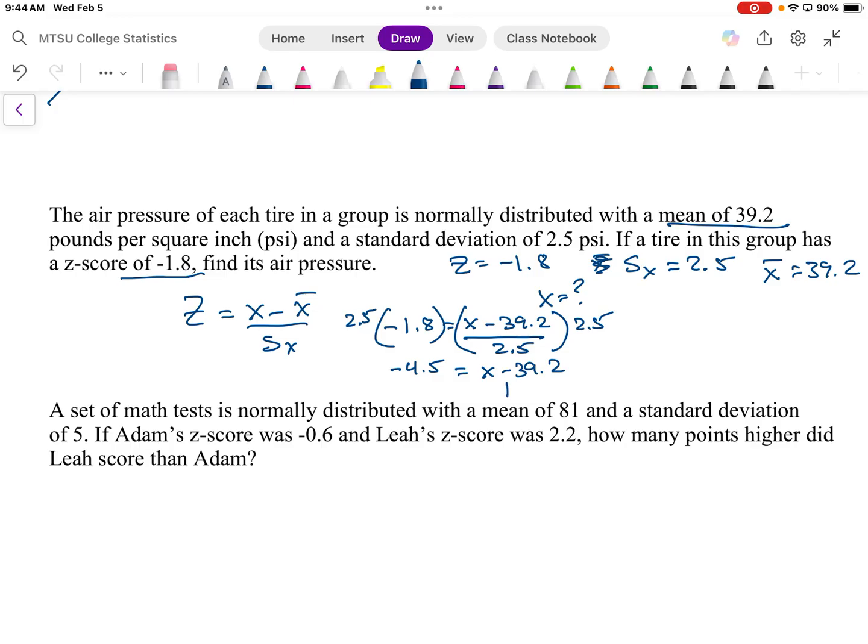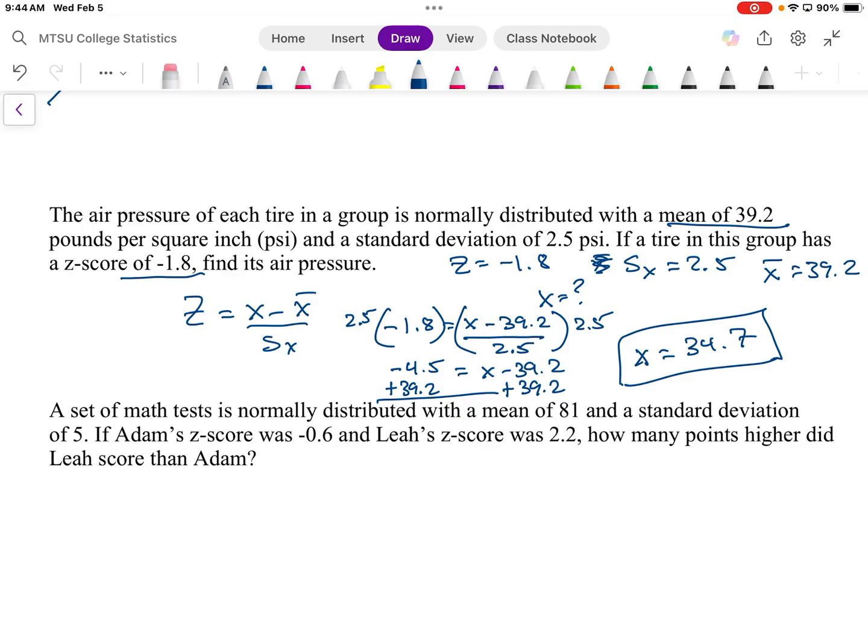I then add the 39.2 over, and when I add 39.2 to the previous thing, I get that x is equal to 34.7. So that was the actual PSI of the tire that gave us a z-score of negative 1.8.